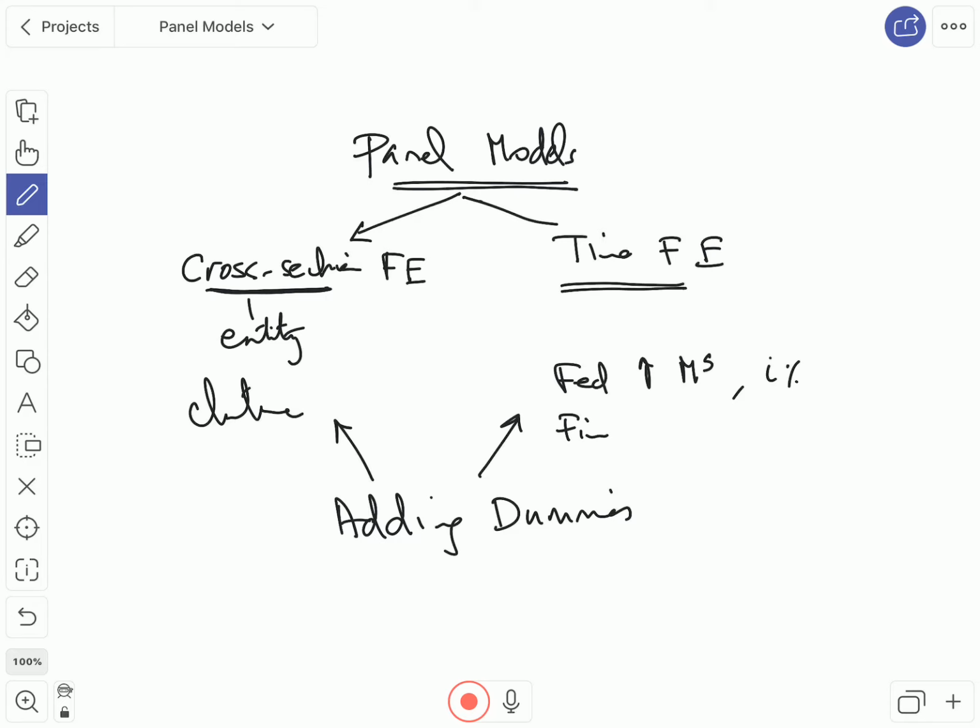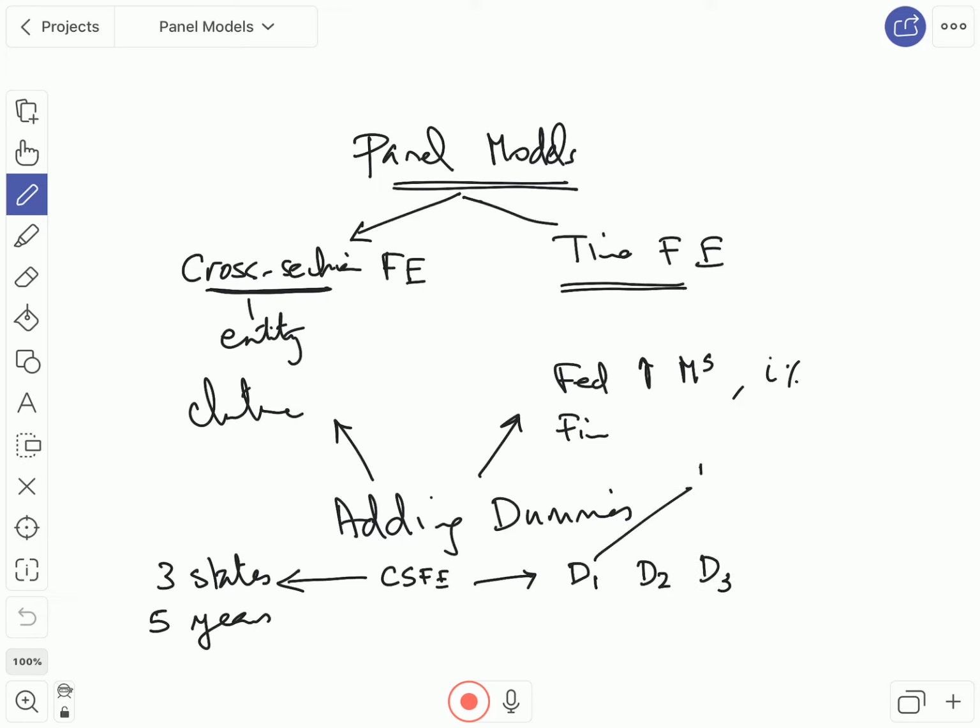So, for example, if we have 3 states over 5 years, then this is going to be the cross-section fixed effect, and in order to capture it, we're going to have dummy 1, dummy 2, dummy 3.